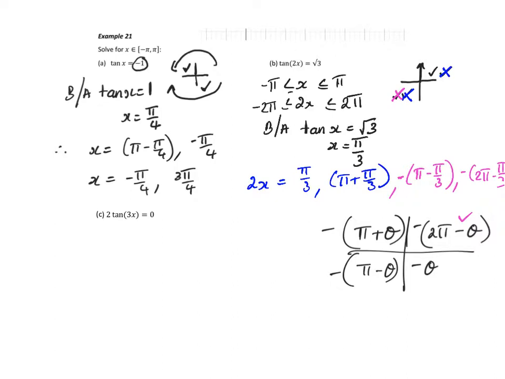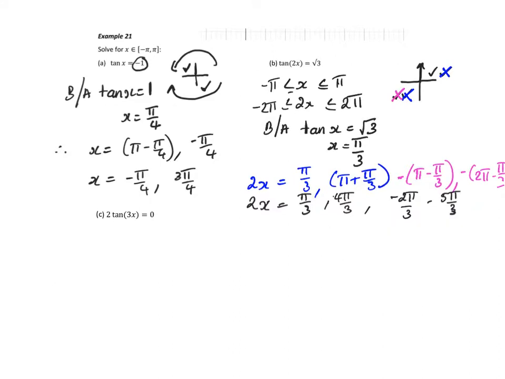Let's start tidying that up, and we get 2x is equal to pi on 3. Pi plus pi on 3 is 4 pi on 3. And then pi minus pi on 3 is 2 pi on 3, so it's a negative 2 pi on 3. And the last one here is negative 2 pi minus pi on 3. 6 minus 1 is 5 pi on 3, so it's negative 5 pi on 3.